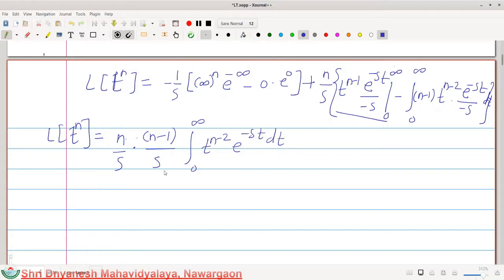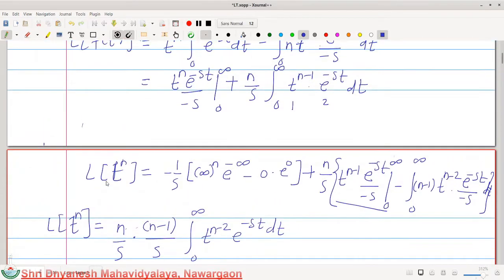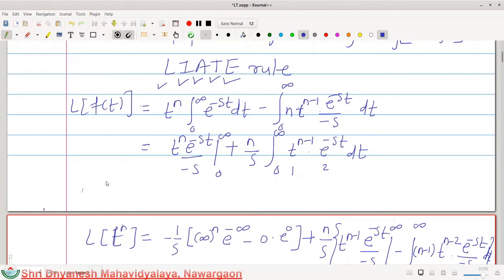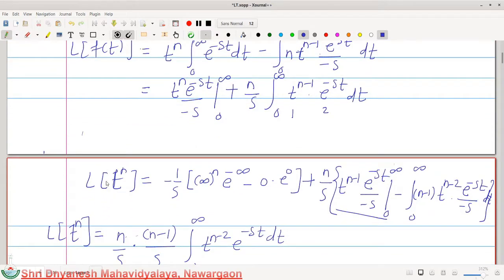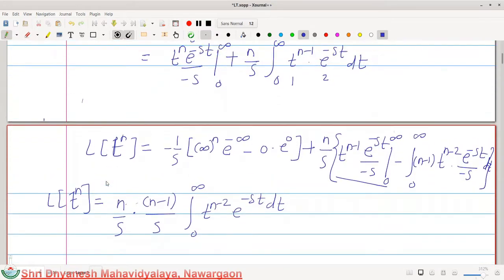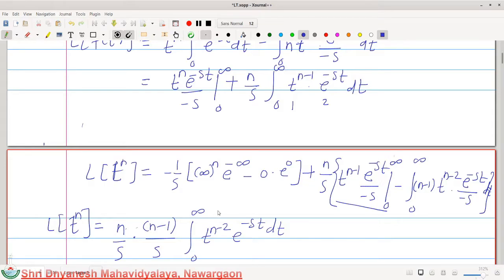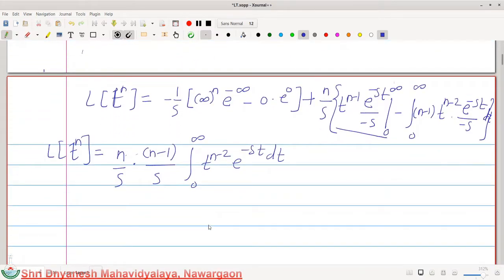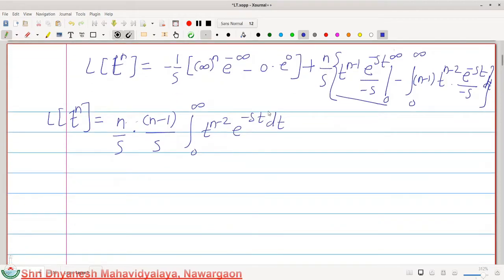ठीक है? So what are you observing here? In the first attempt of integration by parts, what we are getting? This n by s out of the integration. Okay, and after applying second integration by parts, we are getting n minus 1 by s out of the integration. So continuing this process, what will we get?